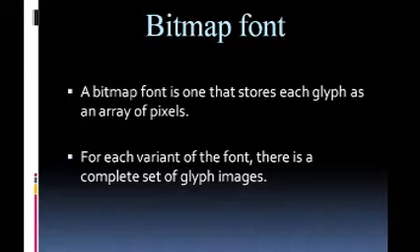What is a bitmap font? A bitmap font is one that stores each glyph as an array of pixels. That is a bitmap. So in the case of a bitmap font, we can store each glyph as an arrangement of pixels. Pixels means picture element.